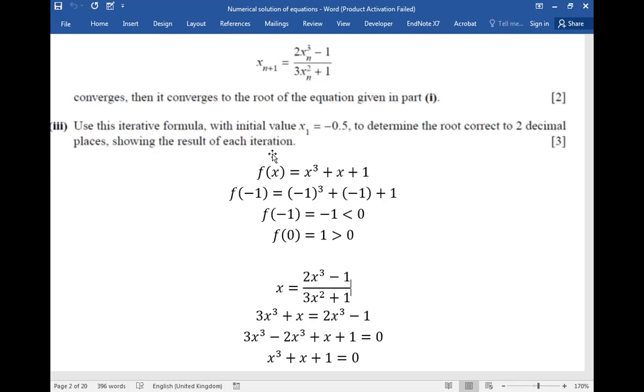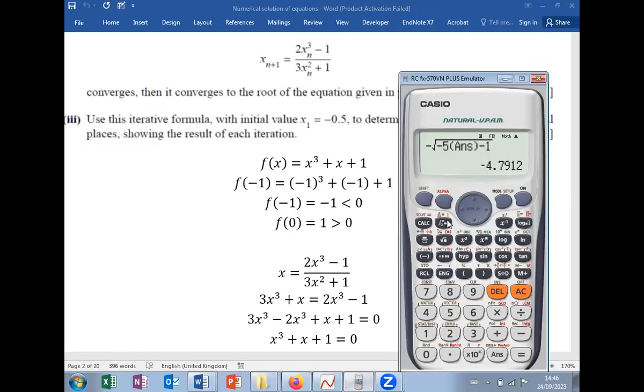Done? Now, just make this entire formula in your calculator: 2 bracket answer cube -1. I'll show it to you again. Just put -0.5 and you put equal to.